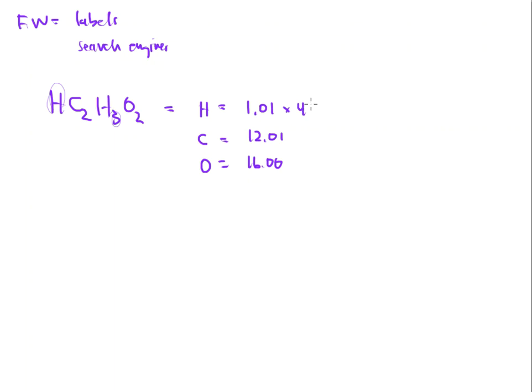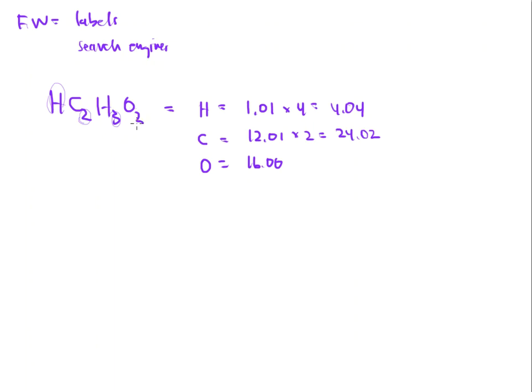So that's a total of 4. So 1.01 times 4, 4.04. Okay, my carbons, there's just a 2 here, right? There's no other carbons anywhere else, so there's only 2 of them in total. 12.01 times 2 is 24.02.